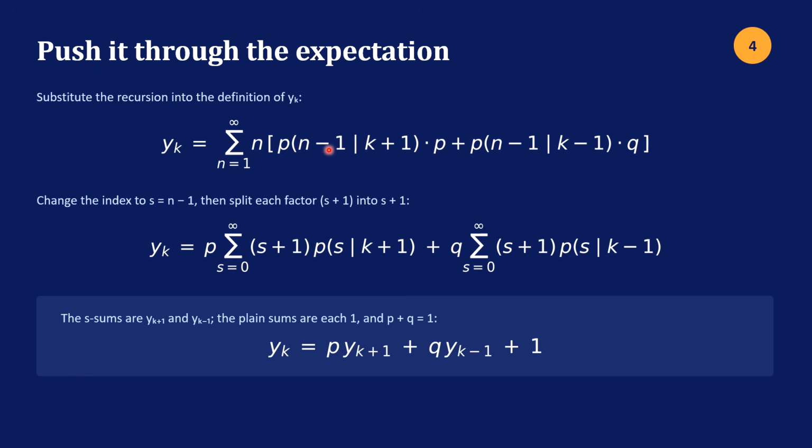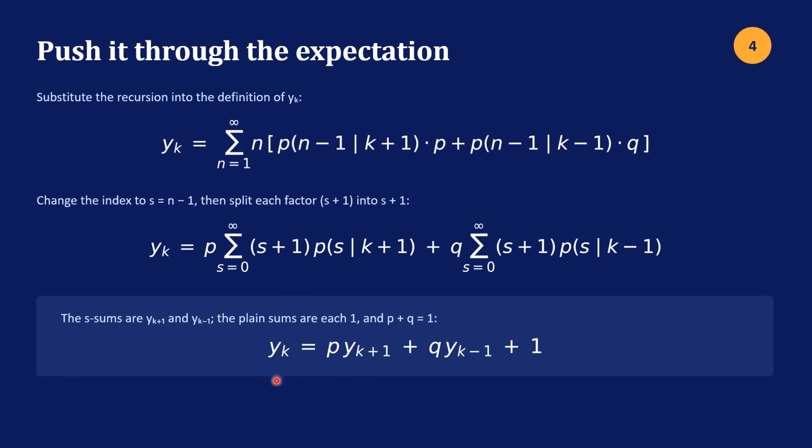Then the n minus 1 is s. It's here. And I think that's it. So we've just broken it into two pieces. You may want to take a minute or two to have a look at that and pause the video. But that's critical.